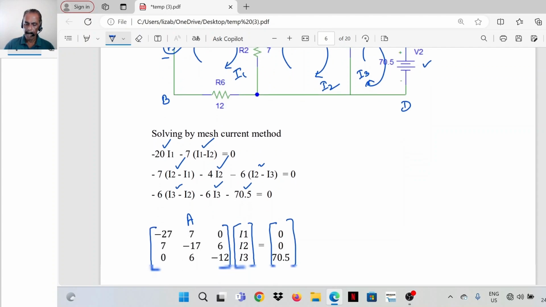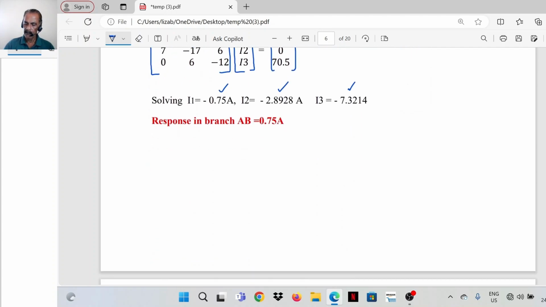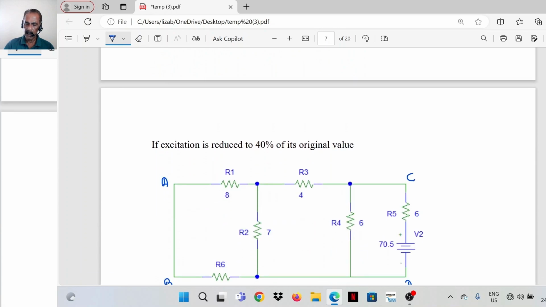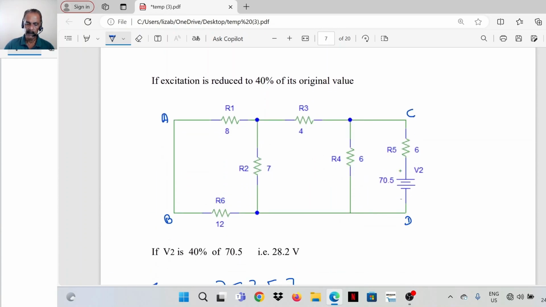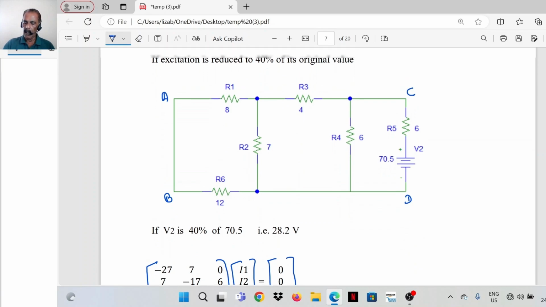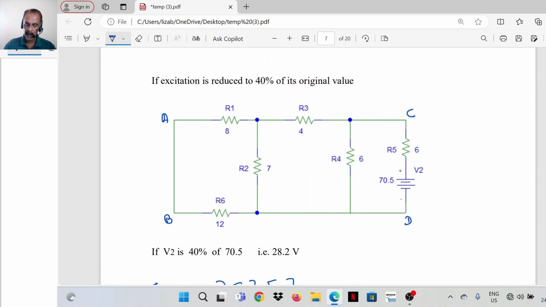But if we change the ratio, that is, in the second case here in the example we worked out, the excitation value was 70.5 in branch CD.